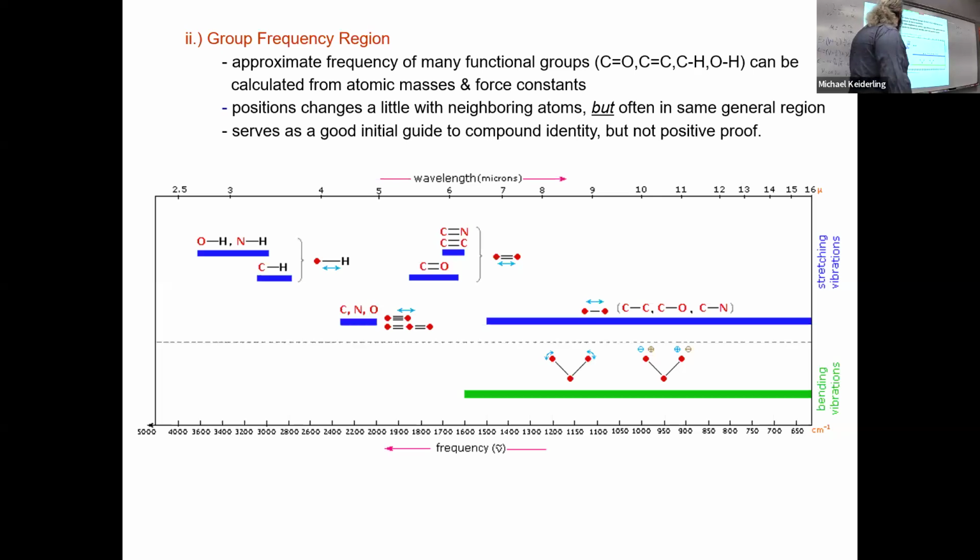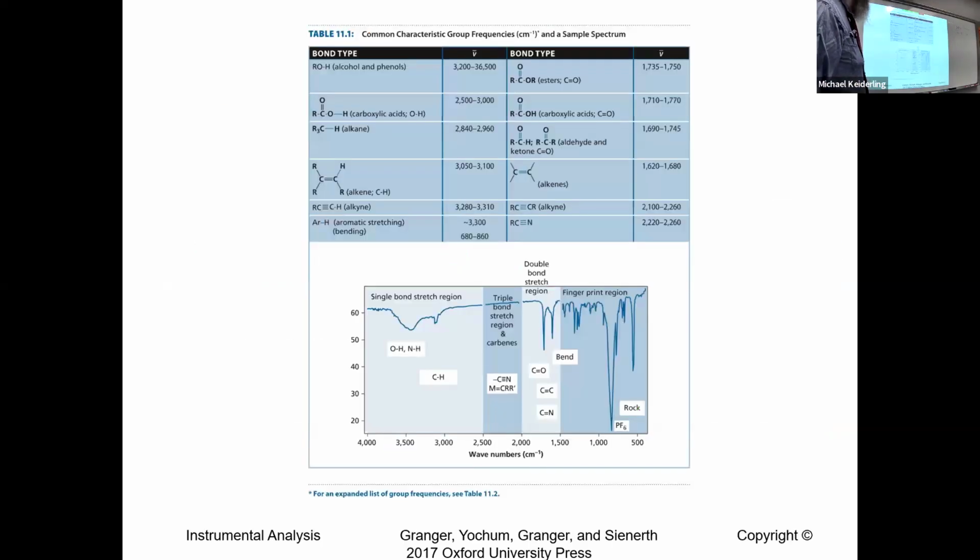So basically, the things with hydrogen, because they're effectively lighter, have higher wave numbers, higher frequencies. Heavier stuff, lower frequencies. Single bonds down here, then double and triple. And so here, this is rock, this is bend, this is double bond stretch, triple bond stretch, single bond stretch with hydrogen.